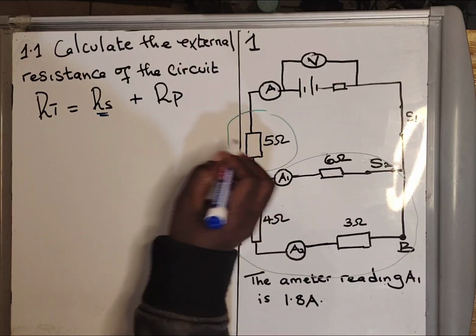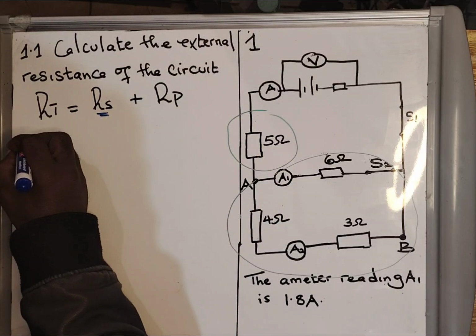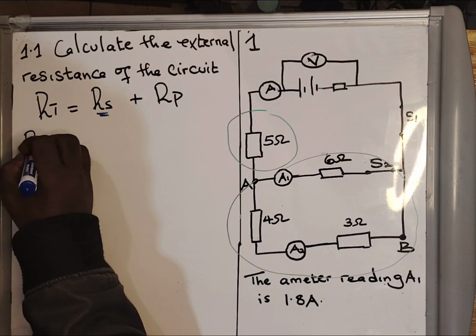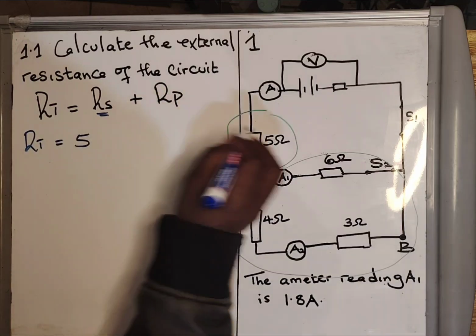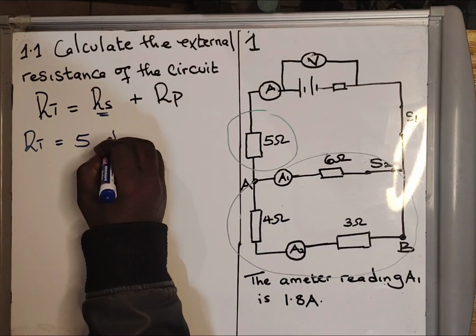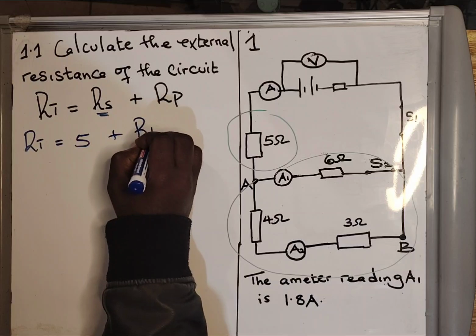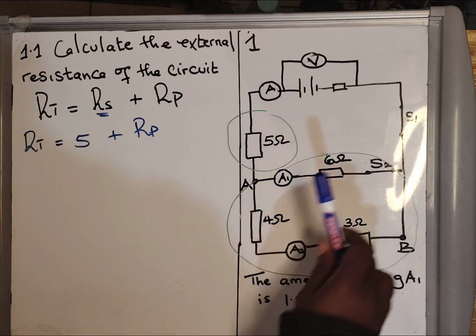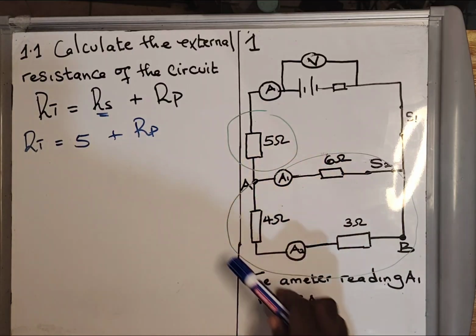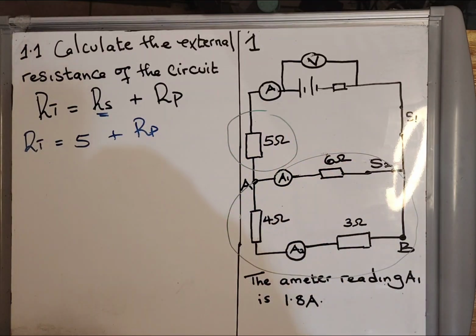It's given, it's this 5. So we are going to have our RT equals to our 5, because that one is already known, plus our RP. So our parallel resistor is also known, though it has to be calculated.